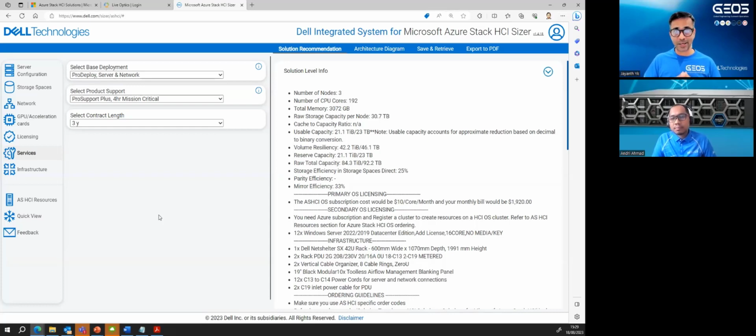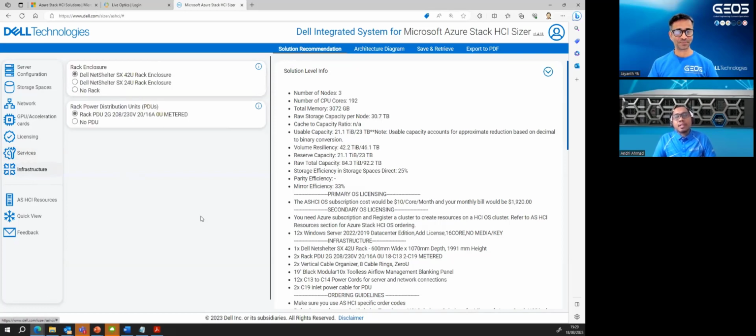So Dell is the only hardware OEM out there who can take care of customers' end-to-end journey. Absolutely. The hybrid cloud operating model is not just about giving you the infrastructure and the technology, but also the people and process aspect that some customers may forget about.